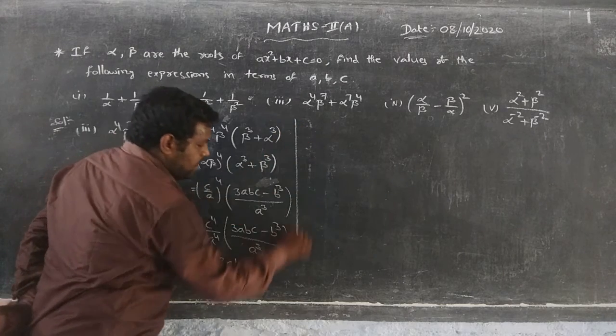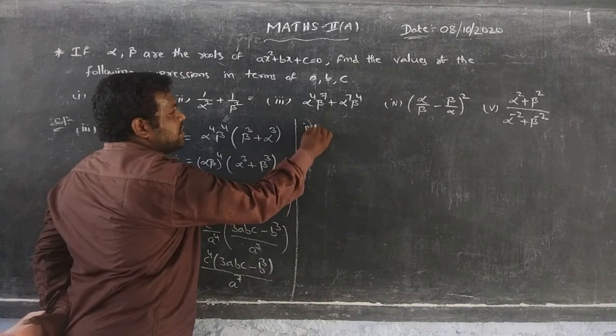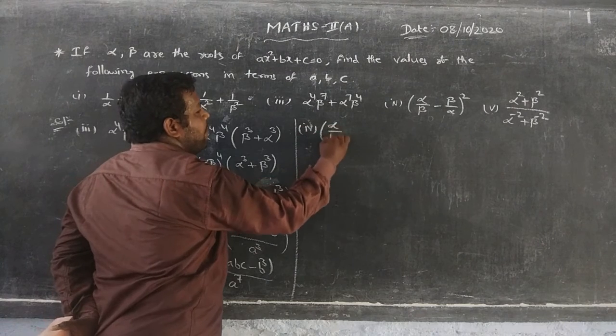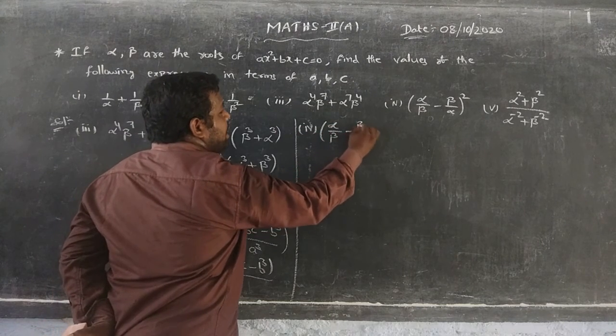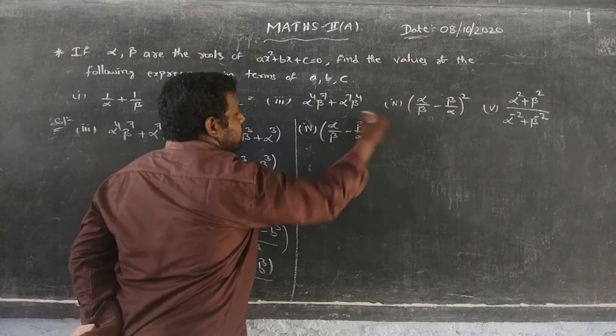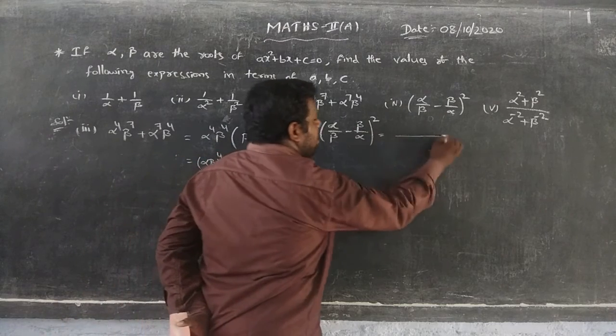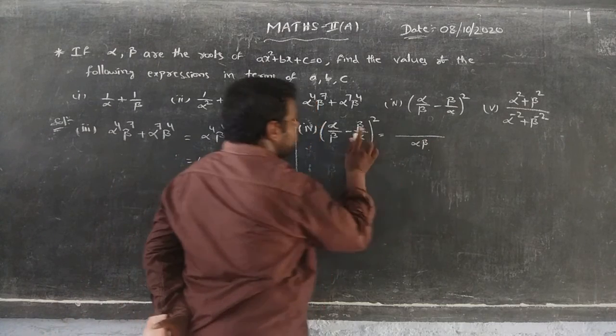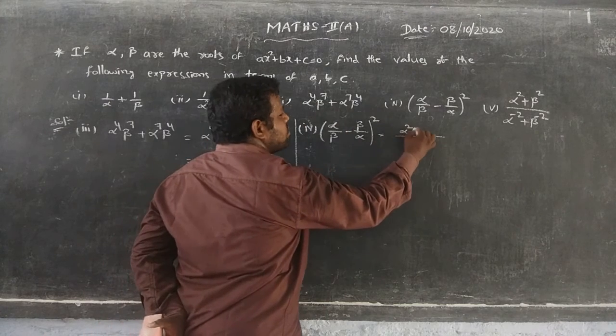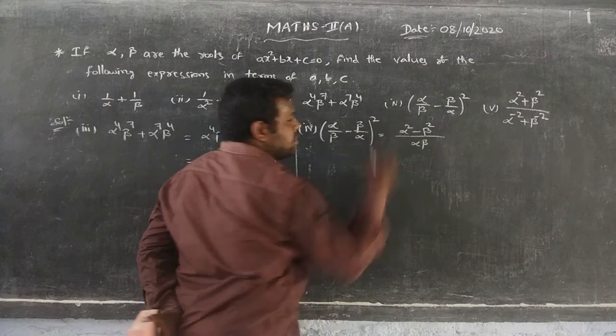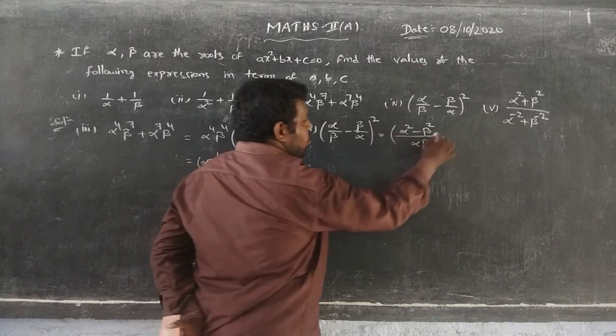What is the fourth one? The fourth expression is alpha by beta minus beta by alpha, whole square. Here what is the LCM? Alpha beta is the LCM. The numerators are alpha square minus beta square, whole square.